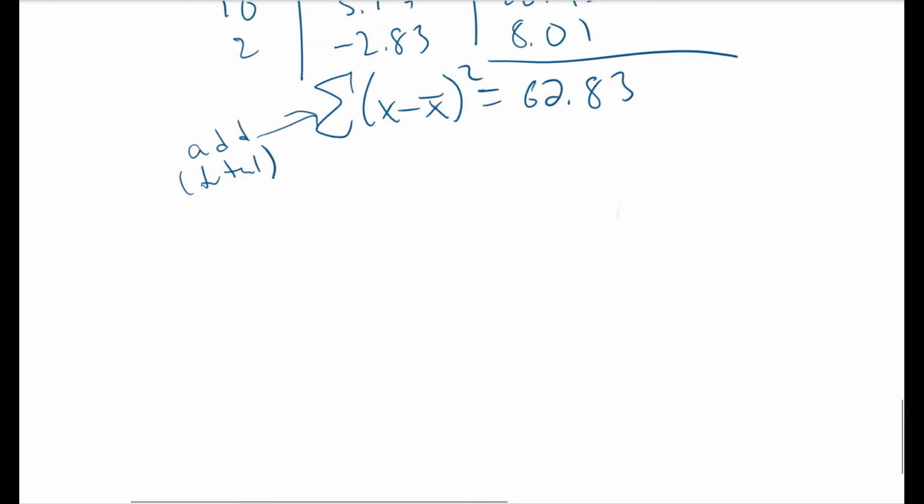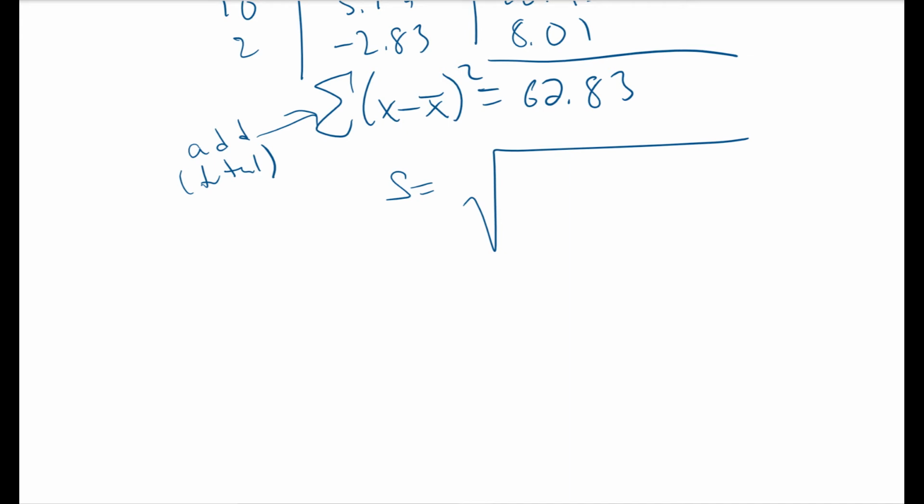We have S equals the square root of that number, 62.83, divided by 6 numbers minus 1, and we do that calculation. If we do that, we get 3.54.